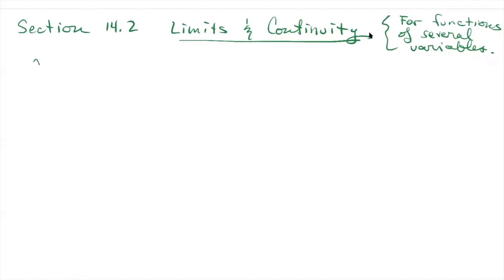So let f of x be the absolute value of x over x. You remember that if x is greater than 0, what's f of x?